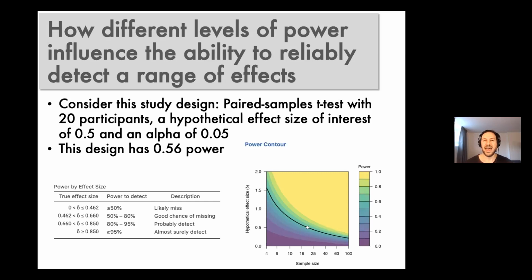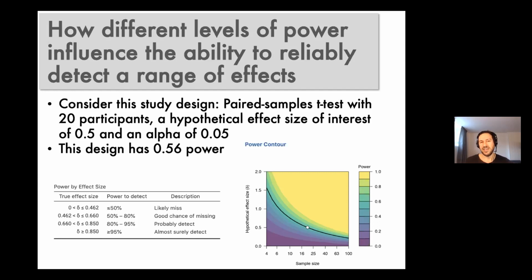So you can see how these things change depending on sample size and the hypothetical effect size. So you can see through this curve or this plot that if you increase your sample size, the hypothetical effect size that you can reliably detect gets smaller. However, if the hypothetical effect size you want to detect based on this design is higher, then you can get away with recruiting fewer participants.